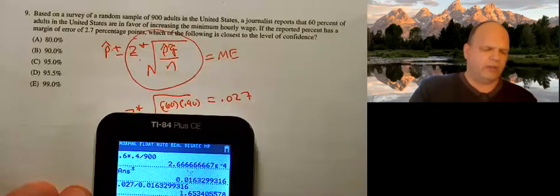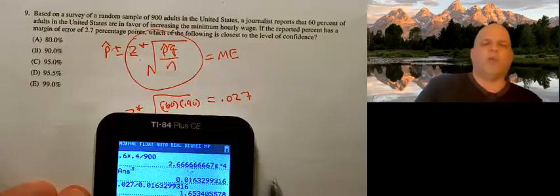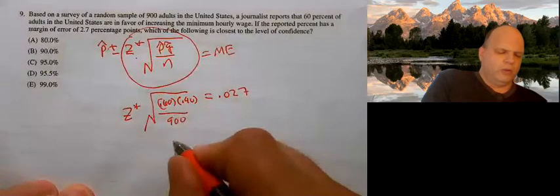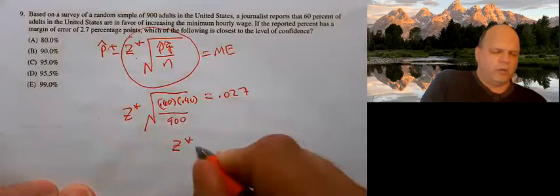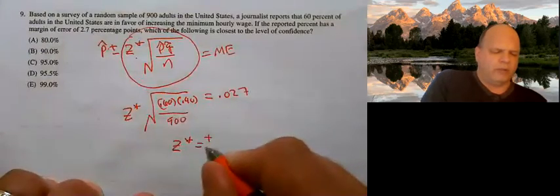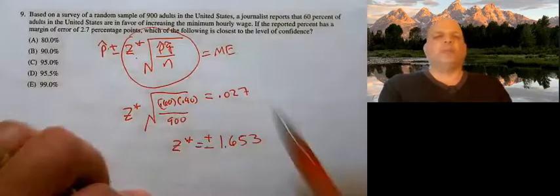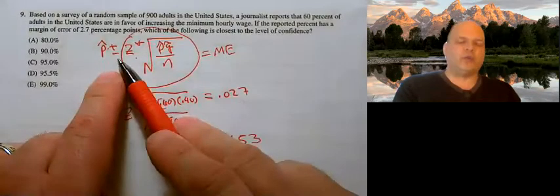And I end up getting a Z star of 1.653. So Z star equals plus or minus 1.653. You're like, why is it plus or minus? Because we have a plus or minus right here.